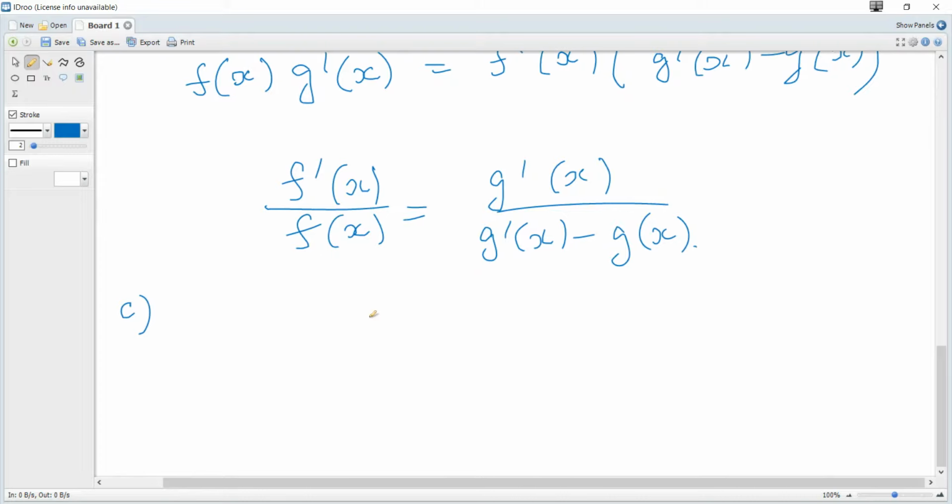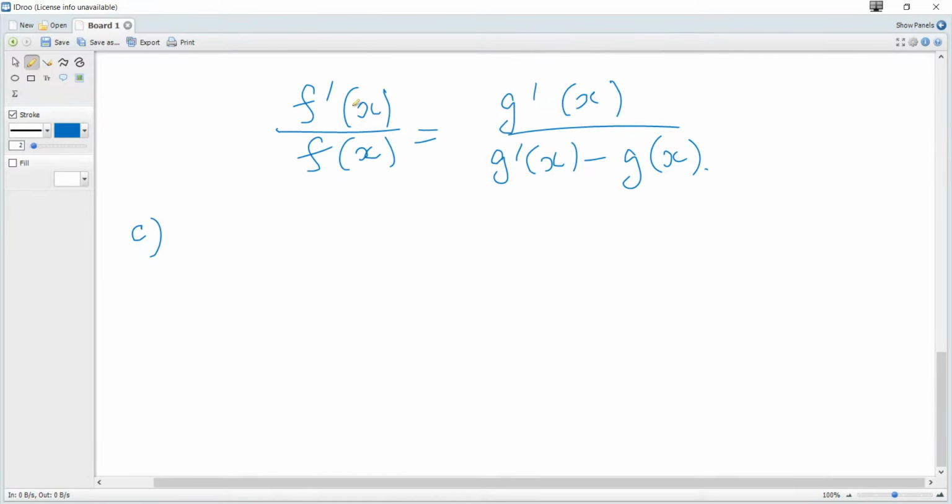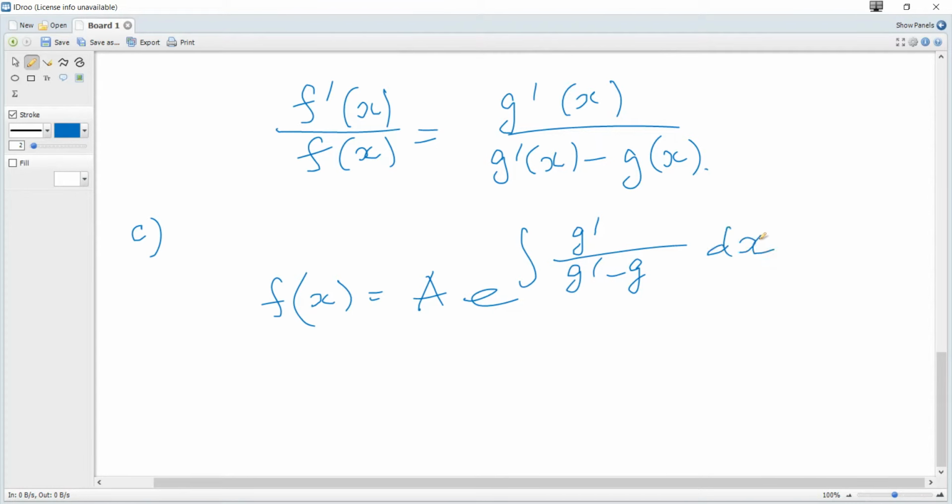C. Hence, by integrating both sides of this, show that we should get this, that f of x is finally some constant A e to the power of the integral of g' over g' minus g dx, where A is an arbitrary positive constant, 2 marks.